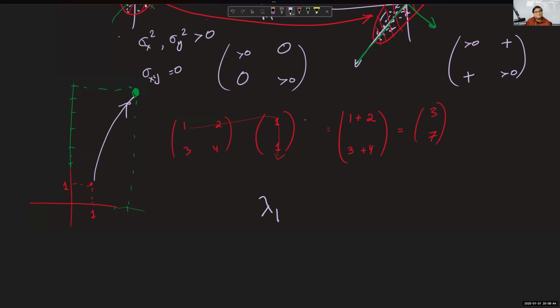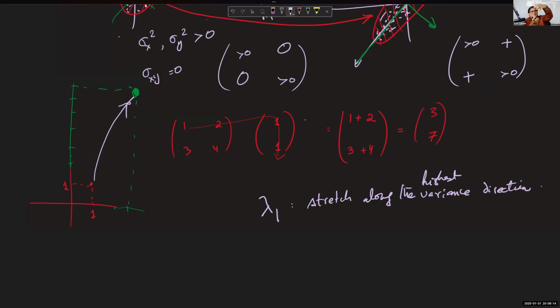It stretched along the direction of highest variance of the data. Now imagine this unit disk was data, every point was data, but at this moment just think geometrically: it got pulled. Lambda 1 is the biggest stretch.